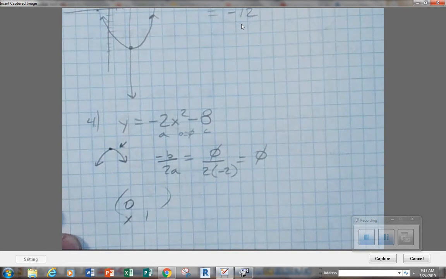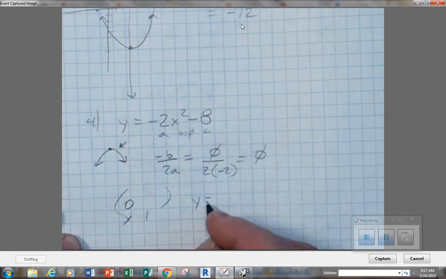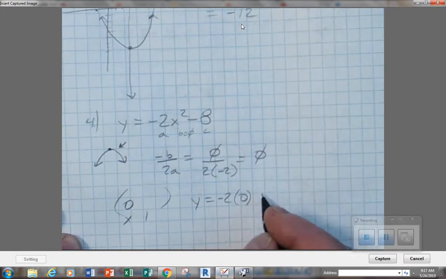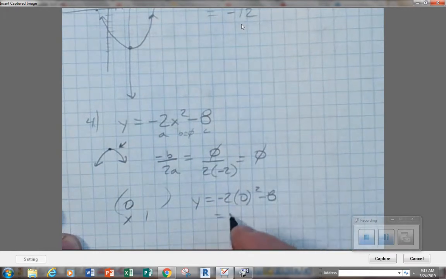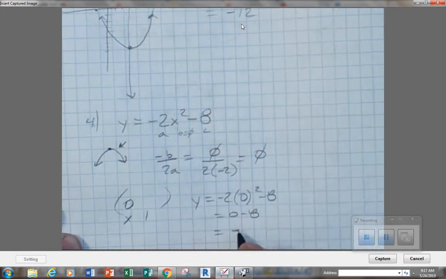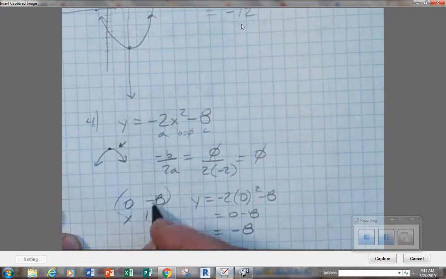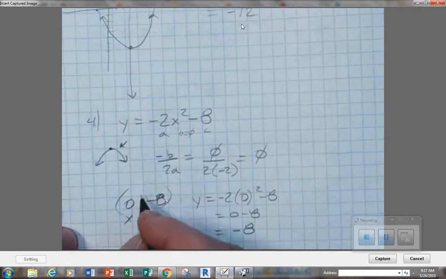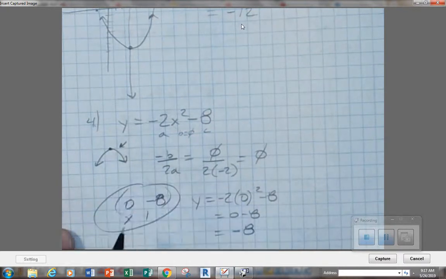To find the y number, just take that 0, plug it in for x. This gives me 0 minus 8, so that is negative 8. So that is my coordinate of my vertex, which, because it opens down, is a maximum.